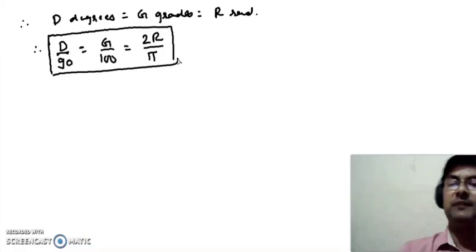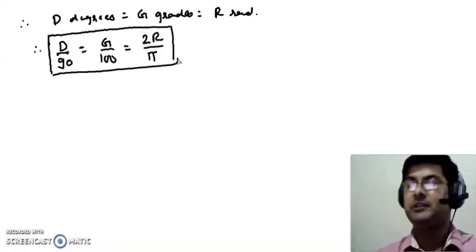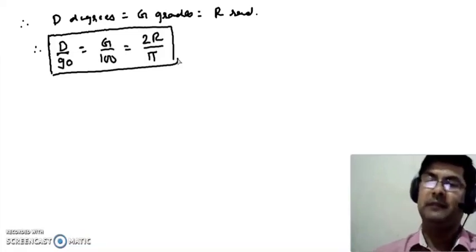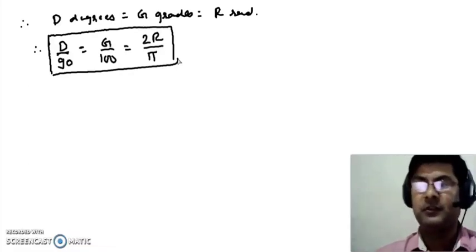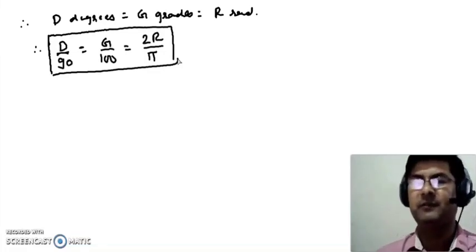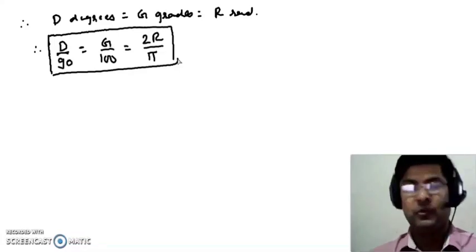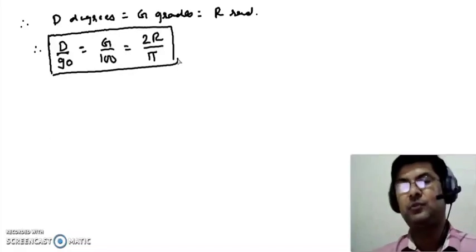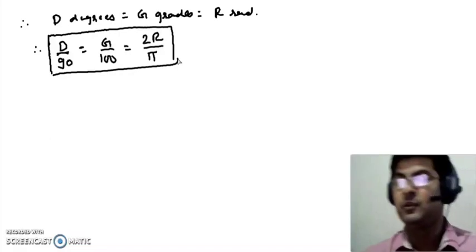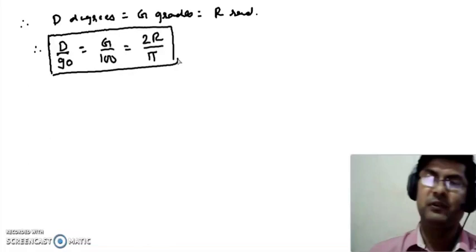So in this way you can convert, using this relationship, the measure of an angle given in any one unit into the remaining two units. Clear? Okay, so we have seen the relationship, as I told, that this is an important tool, which will be helpful in the exercise.